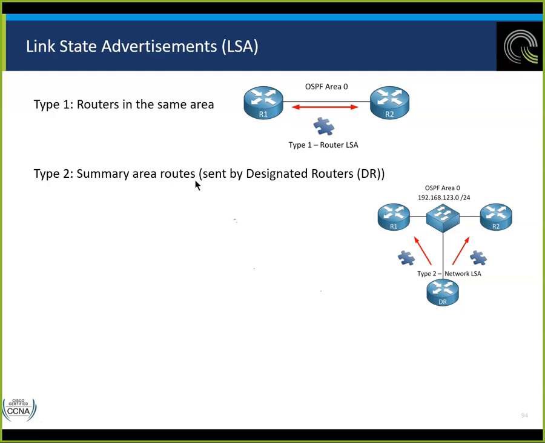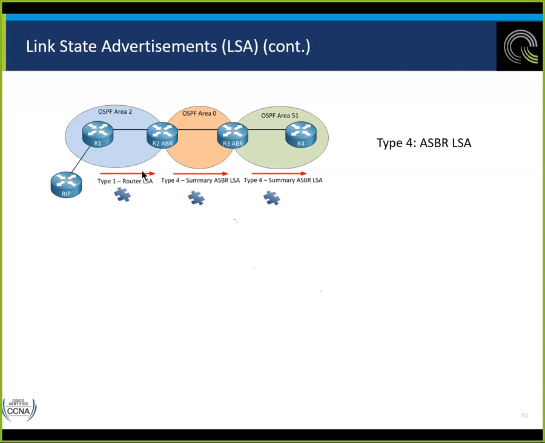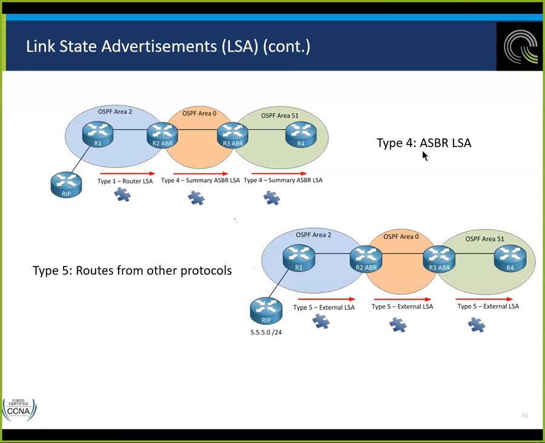Summary area routes are sent by the designated router. Type 3 is routes from other areas generated by the area border router, used between the areas. Type 4 is the autonomous system border router. I used to try to memorize these, but I was never asked what they were, just that we have link state announcements to share the information.